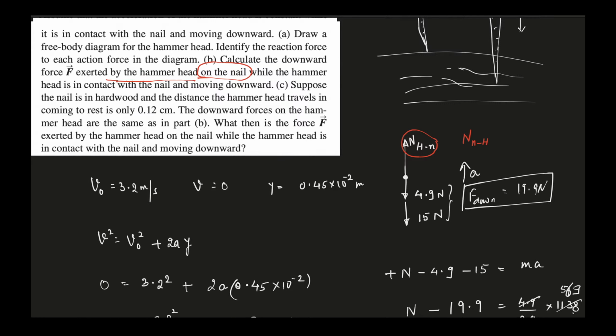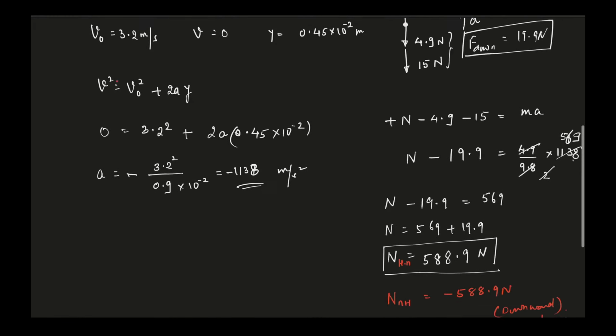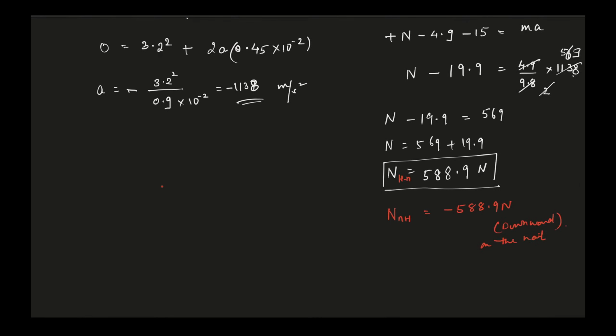Suppose for academic sake we draw the free body diagram of the nail. How does it look? What are the forces acting on the nail? Of course, its weight will act downward. What else?